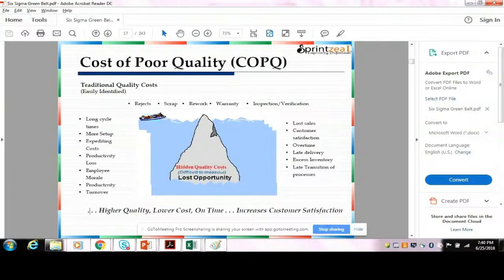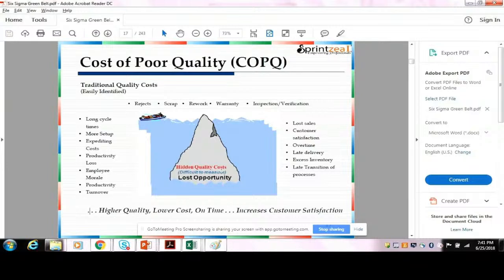Why is it happening? Because somewhere in the process either our estimations are incorrect, or our processes are taking longer than they should, because of which the work is not getting completed in time. Any excess inventory that we have, late transition of the processes.